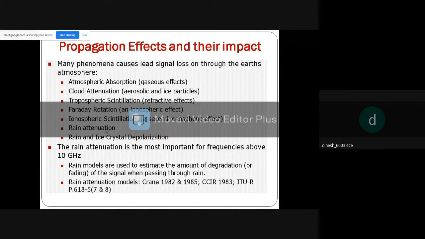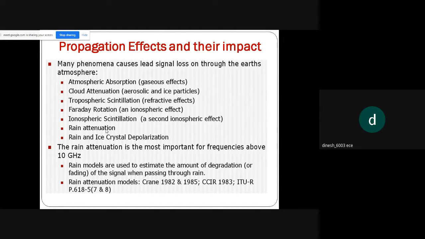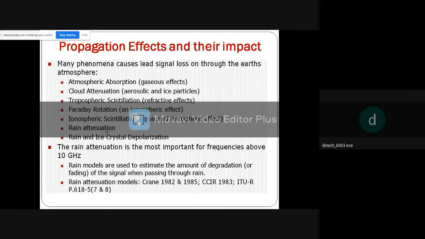The rain attenuation is the most important feature to be addressed for frequencies above 10 gigahertz. Above 10 gigahertz, when we use the frequency, obviously we will be suffering from rain attenuation only when rain falls.